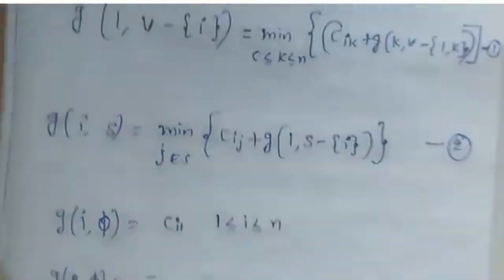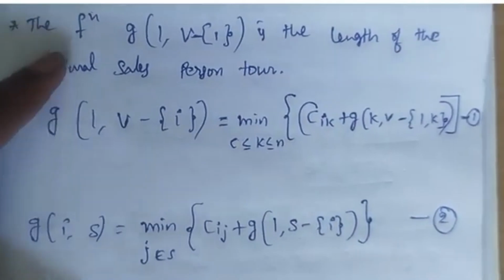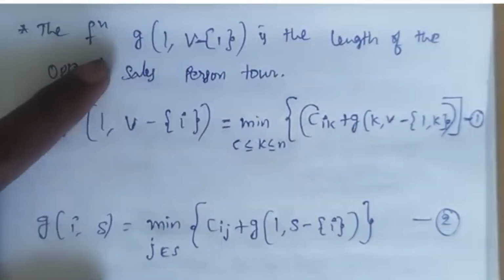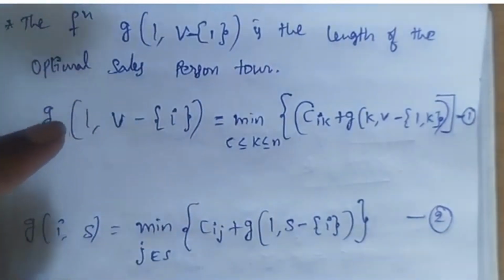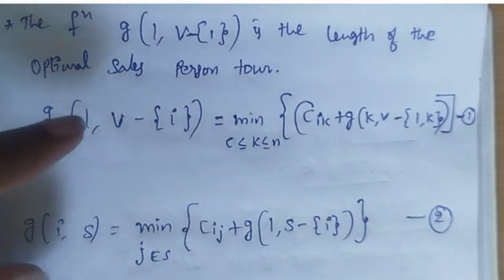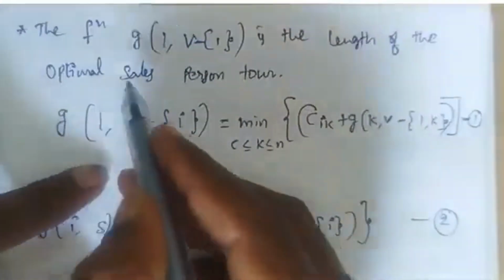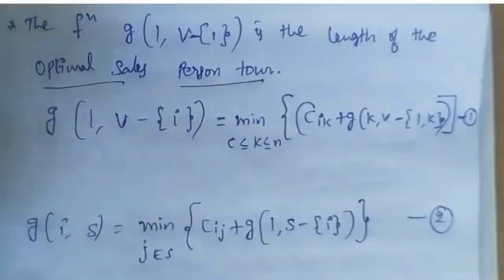Next, the function g(1, V - {1}) is the length of the optimal salesperson tour.